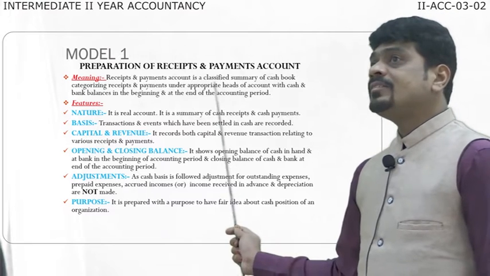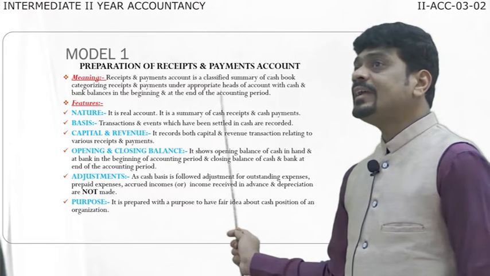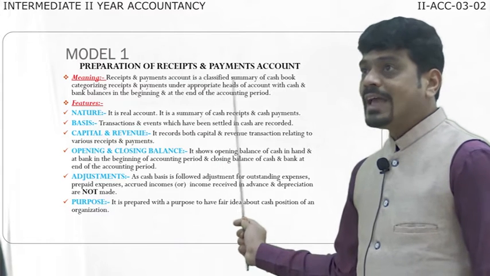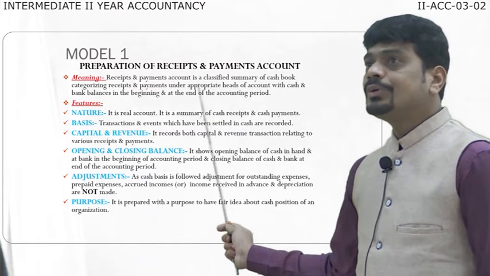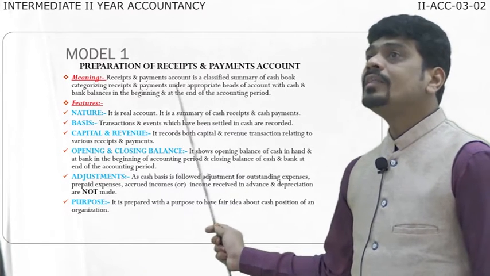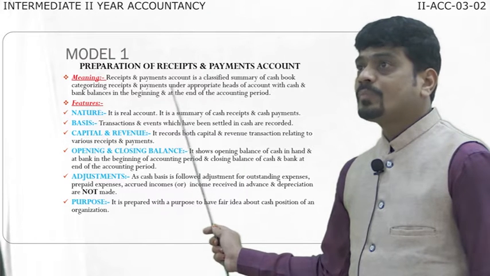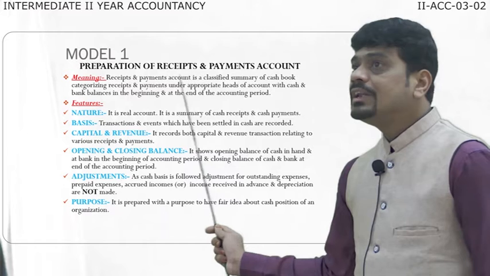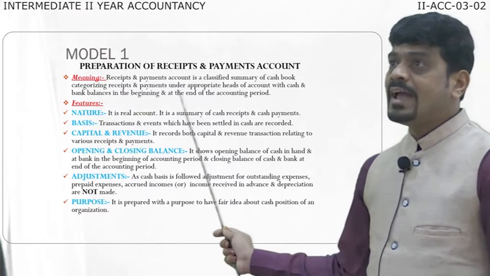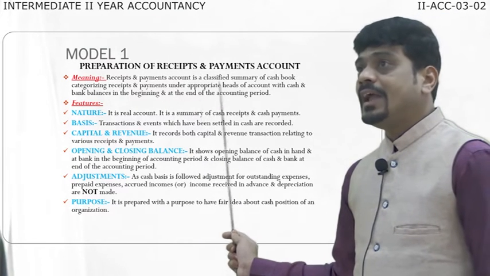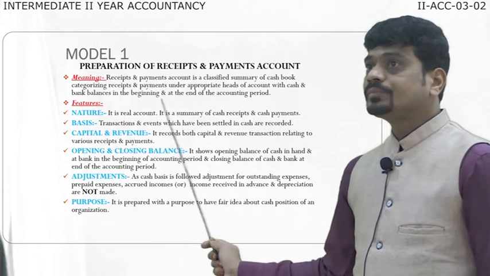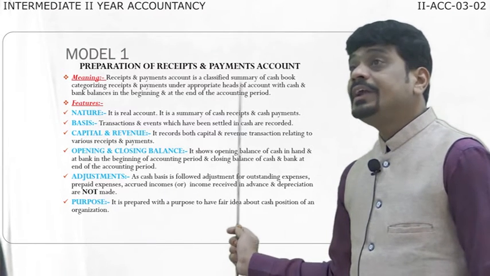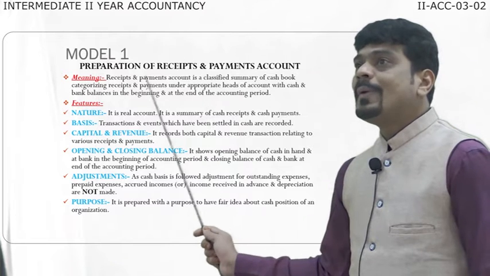Receipts and payments account is the classified summary of the cash book, which considers all the receipts and payments, including the balances of cash at the beginning and end. Now, when I say the opening balance of cash, it even includes the bank balance.